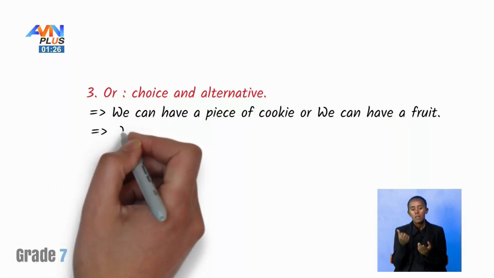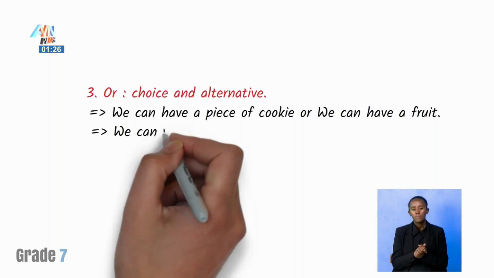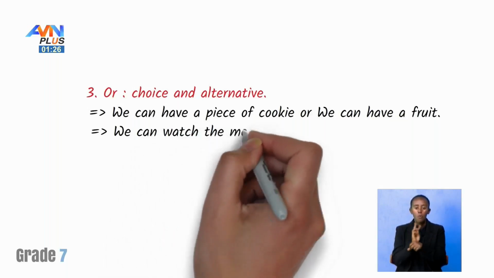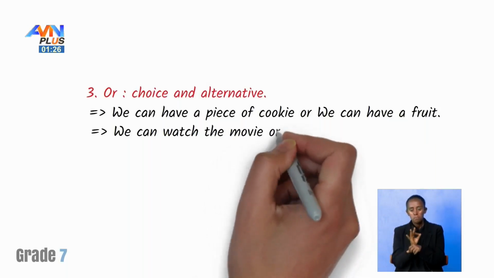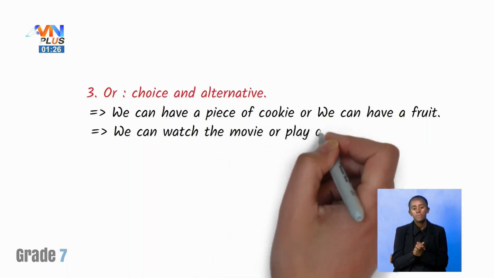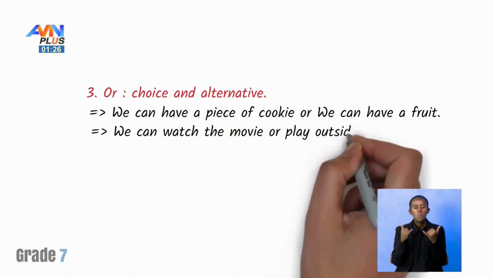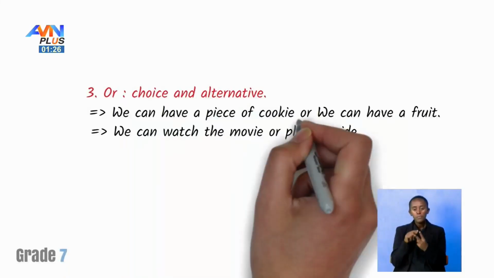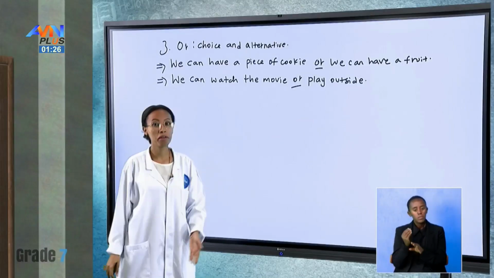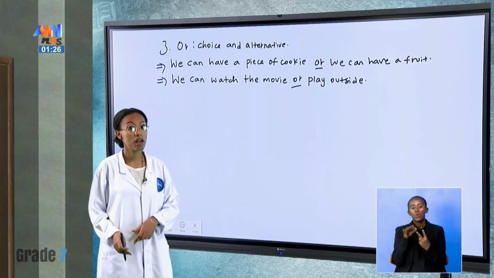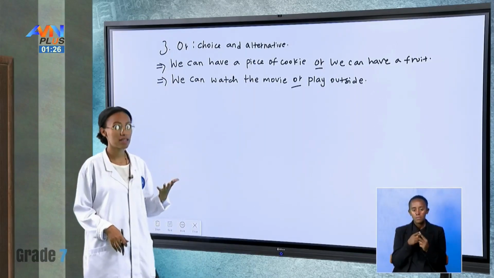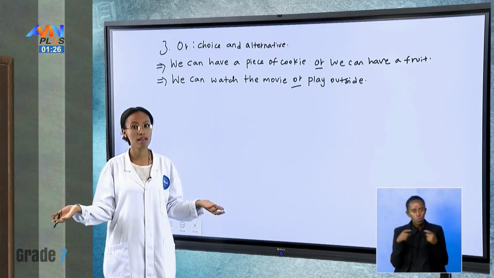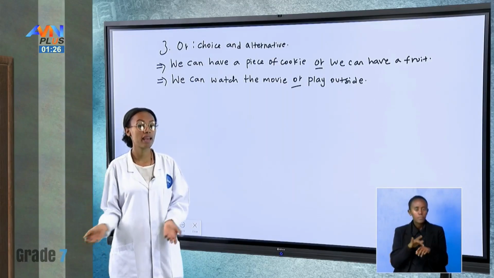What else? Okay, we can watch the movie or play outside. So again, it is giving us what? Alternative. Before and after or, there are two choices. Unlike but, for example, earlier, before and after but, there are two contrasting ideas or two opposing ideas negating each other.